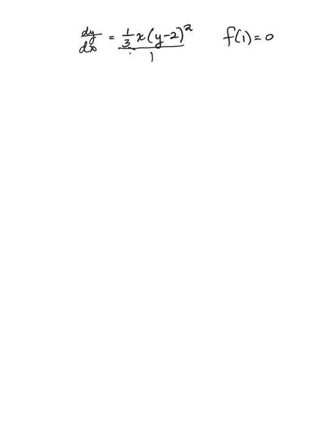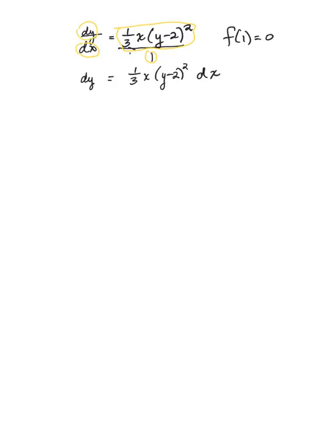So we get dy equals 1/3 x times y minus 2 squared dx. Okay. Now, did everyone follow this? We multiplied the dy by the 1 and the dx by this whole thing.